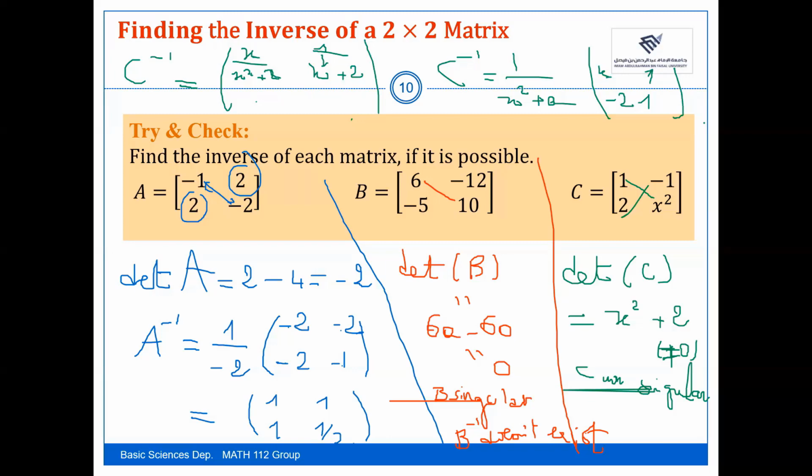Is it clear? This is how to obtain the inverse of a matrix of order 2.